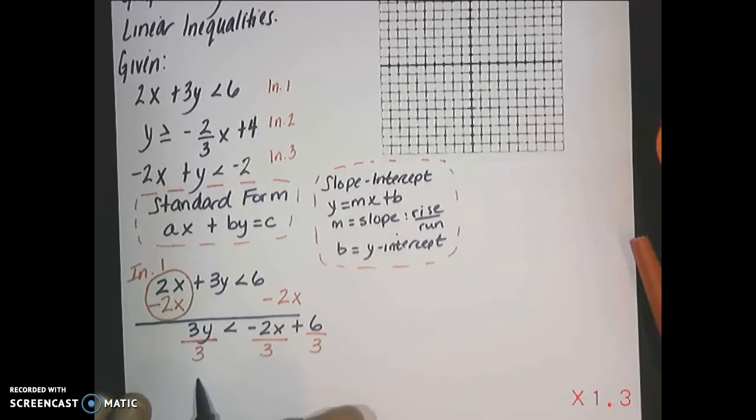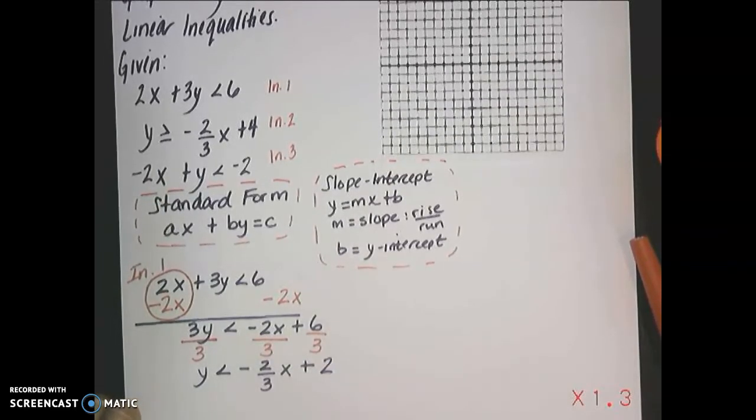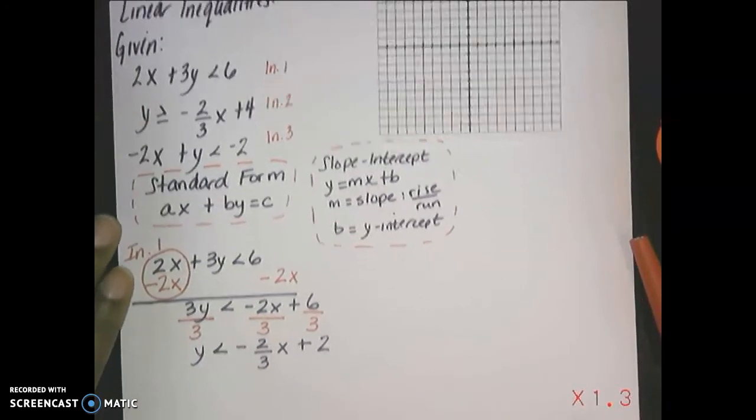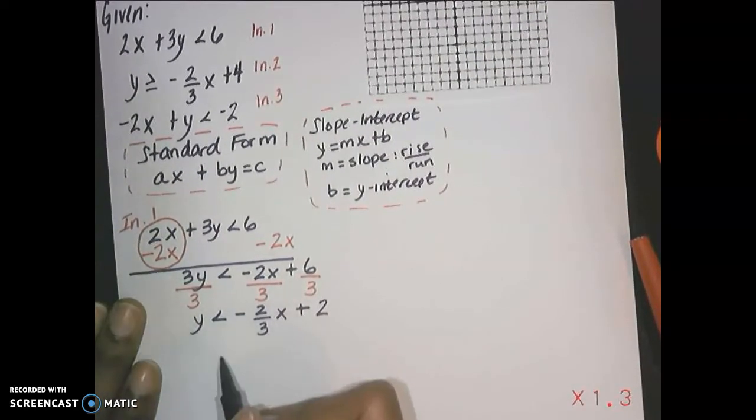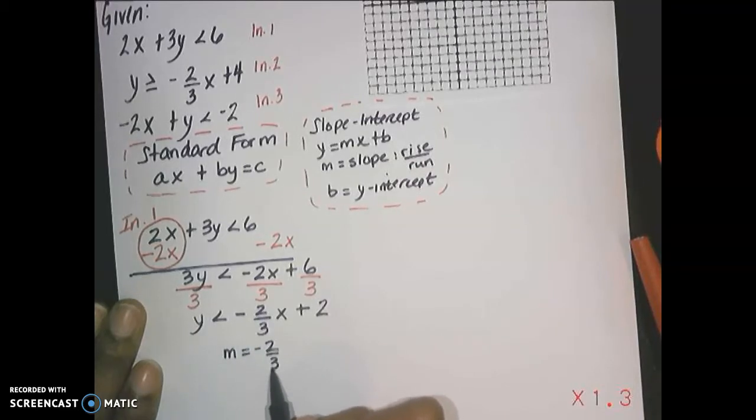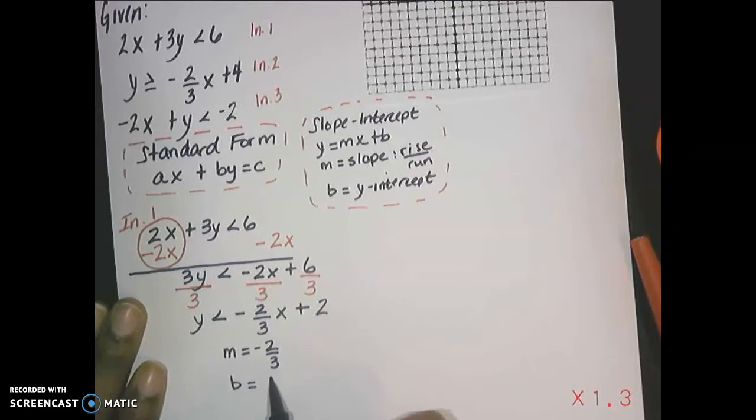So y is going to be less than negative 2/3 x plus 6 divided by 3 is 2. So now from there, I now know what my slope is. What's the slope? Negative 2/3. And what the y-intercept is. What's the y-intercept? It's 2.